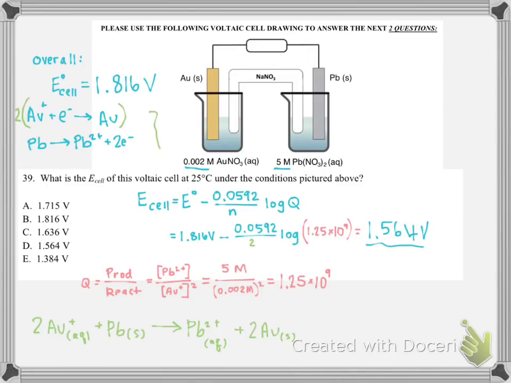And this is lower than your standard potential, and that kind of makes sense when you consider that we have a really big Q. Because that would tell us that we probably have too many products. And so we're going to shift left. And a shift left is always a decrease in potential because you're becoming less spontaneous. And a shift to the right is more spontaneous and an increase in potential.